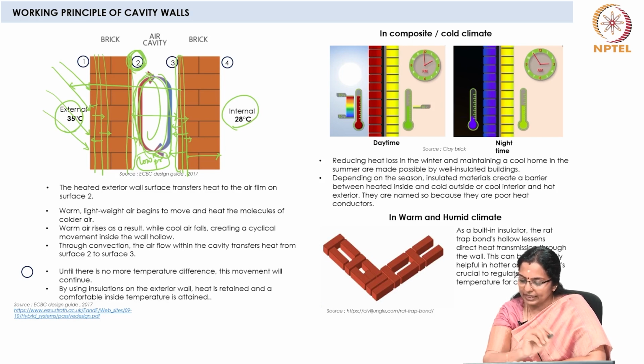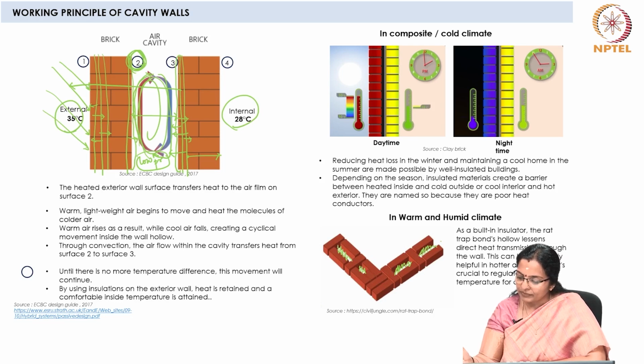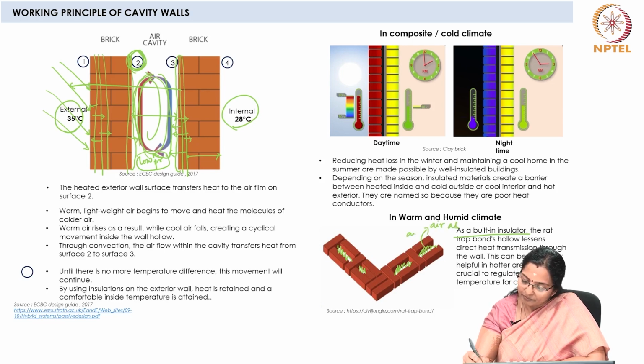In warm, humid climate, the rat trap bond can be a very effective solution, because the brick bond itself has a built-in insulator, and this can be helpful also in very warm areas, because air acts as an insulator.